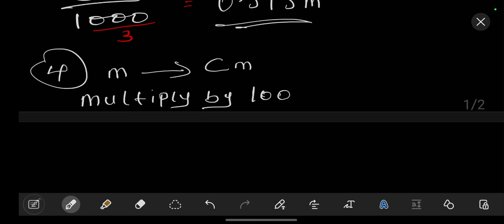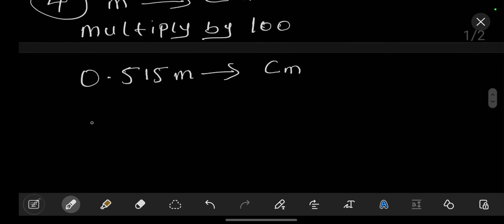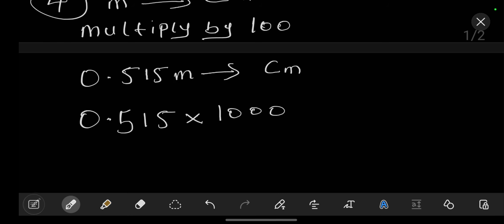So we're basically doing the exact opposite. Now let's convert this 0.515 meter back to centimeter. So we're taking this value right now, which is 0.515. I want to multiply it by 100.